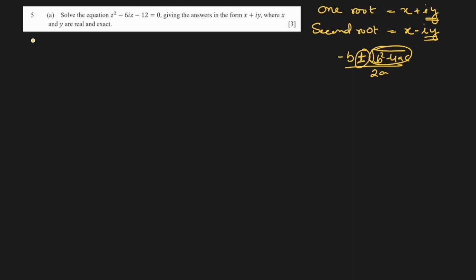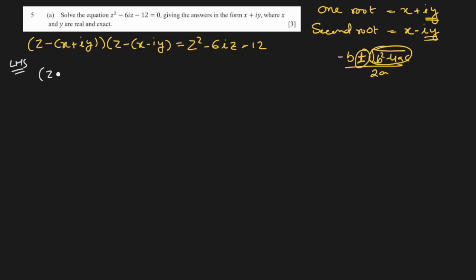And what I'm going to do now is assume that z minus first root times z minus second root is equal to z square minus 6iz minus 12. Let's focus on the left hand side. So if I open it, z minus x minus iy and z minus x plus iy. I will expand this and I will compare it with the right hand side later on.